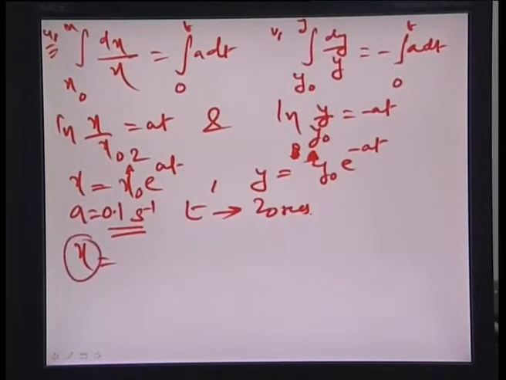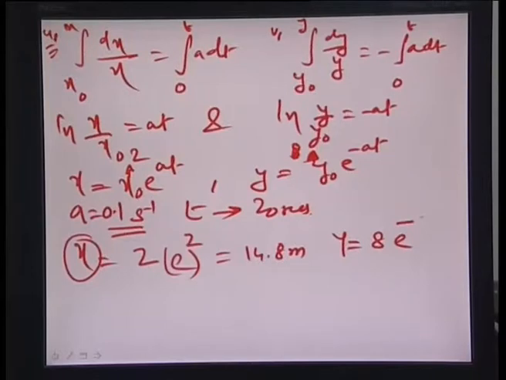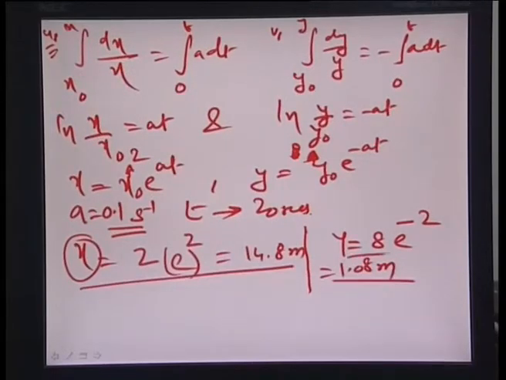So, the new position x and y could be found out as 2 times e to the power of 2, e square, which is about 14.8 meters, and y similarly would be 8 times e to the power of minus 2, which is about 1.08 meters. That is what the new x y coordinates of this particular point are.